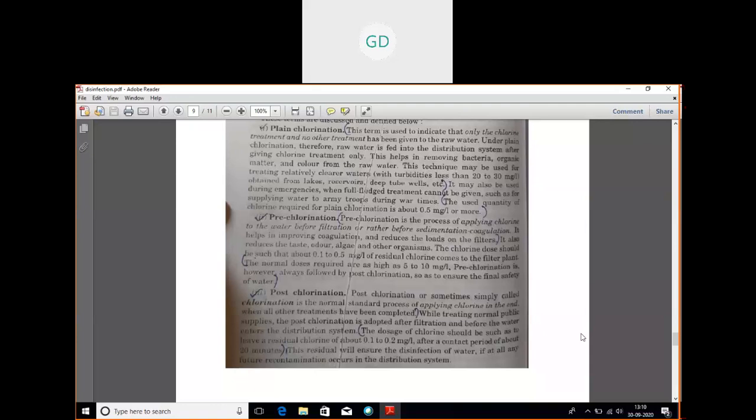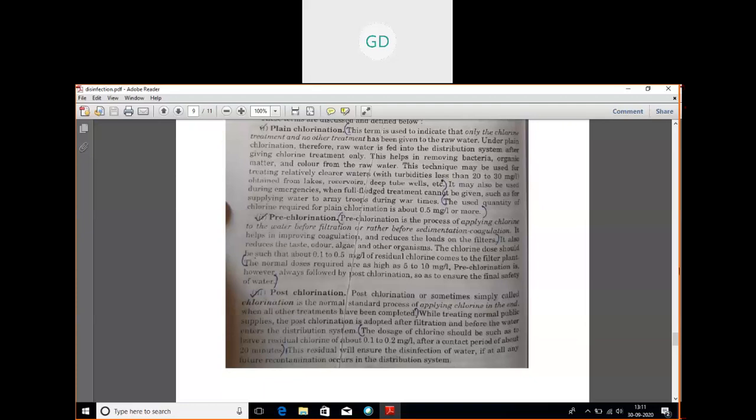So whenever pre-chlorination is given, before filtration or before the sedimentation and coagulation process, in that case post-chlorination always follows. So chlorine is added at the end also. And what is the dose for post-chlorination? It is 0.1 to 0.2 milligram per liter.